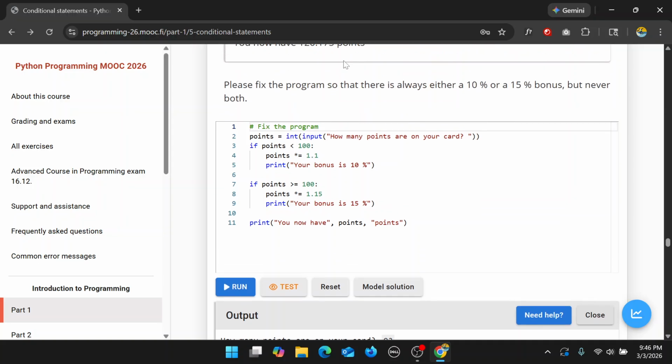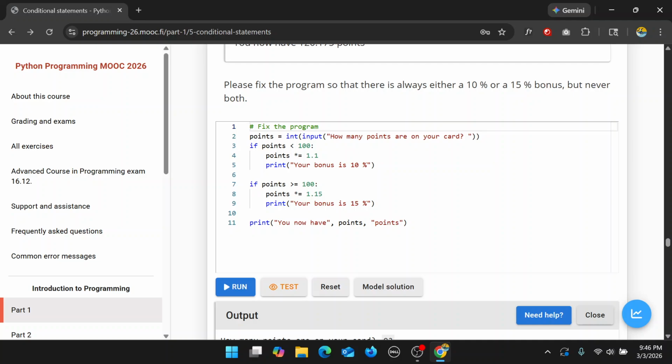So what I'm thinking is happening here is that it first evaluates points if it's below 100, and then it does the calculation and prints the 10% bonus. But then because now points is above 100, this condition evaluates to true.